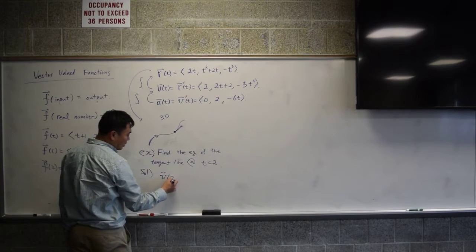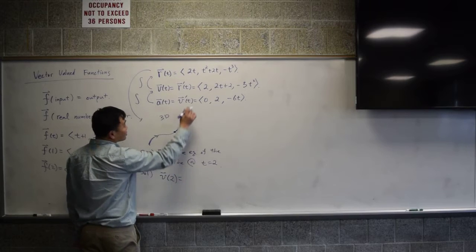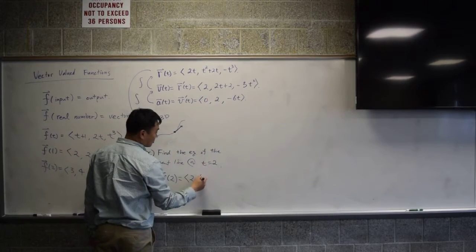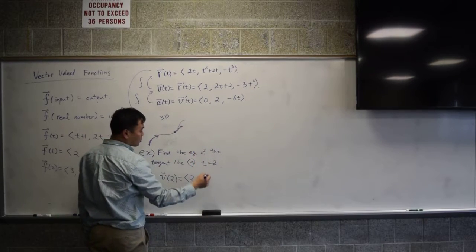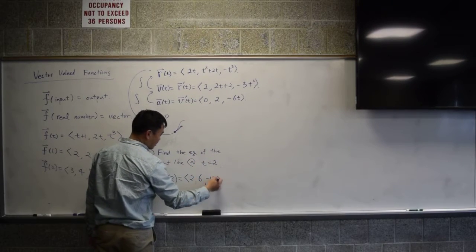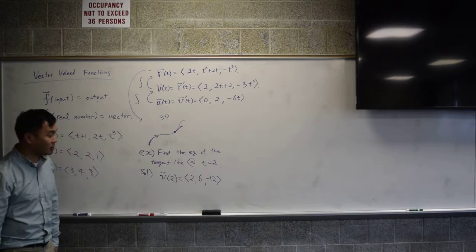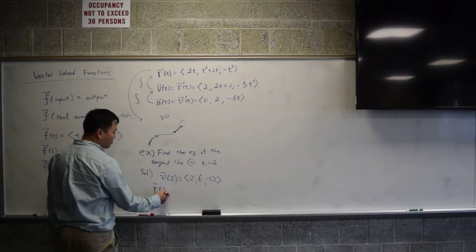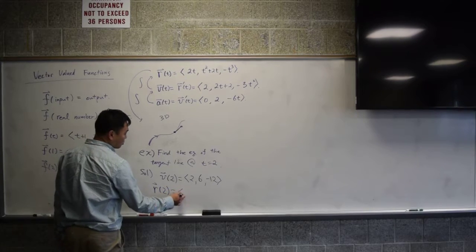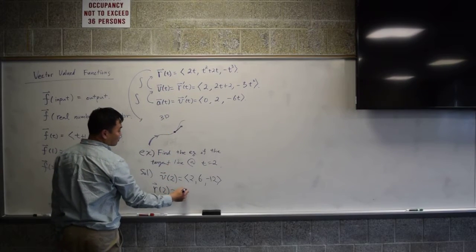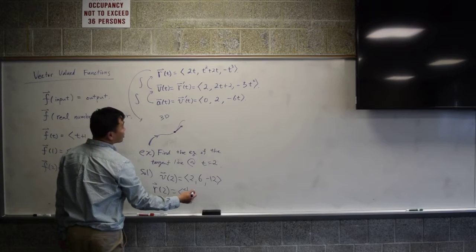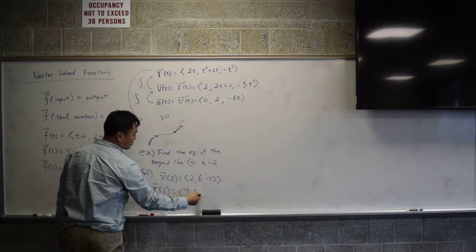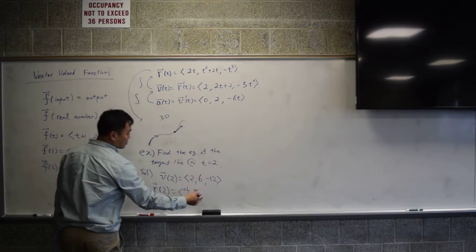v of t evaluated at 2 gives you (2, 4 plus 2 is 6, 2 squared is 4, so negative 12). That's the velocity. And the position when t is 2, when I plug 2 into the original, is (4, 4 plus 4 that's 8, negative 8).